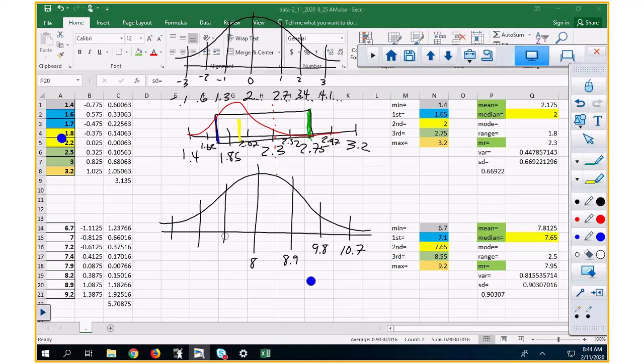Check my math. 8 minus 0.9 would be $7.10. $7.10 minus 0.9 would be $6.20. Somebody help me out.